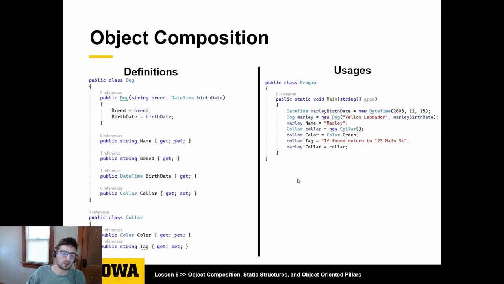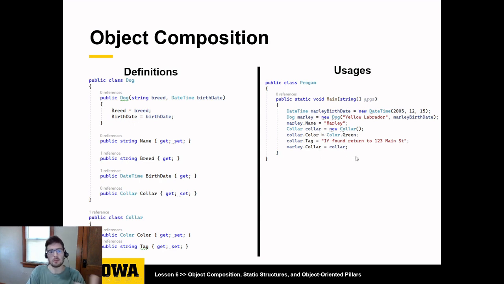So we create this collar object. We can set the color of the collar. We can set the tag that's on the collar. And then after we've created this collar and populated it with some information, we can say my dog.collar is equal to this collar object I created right up here.